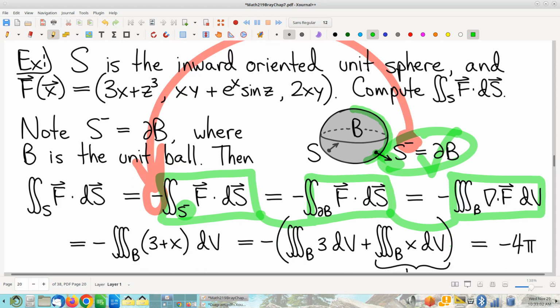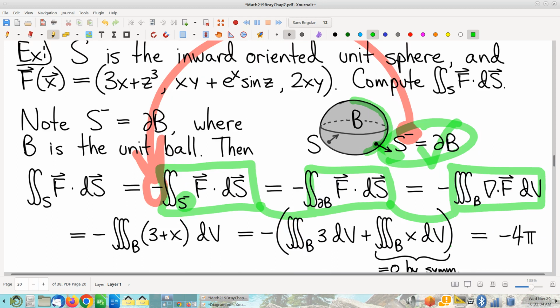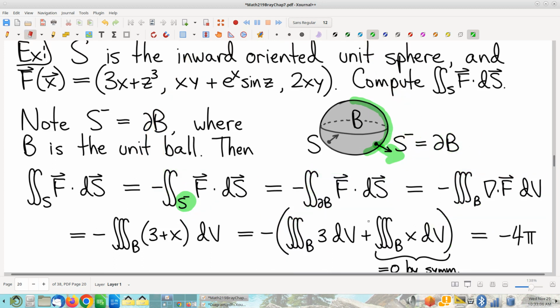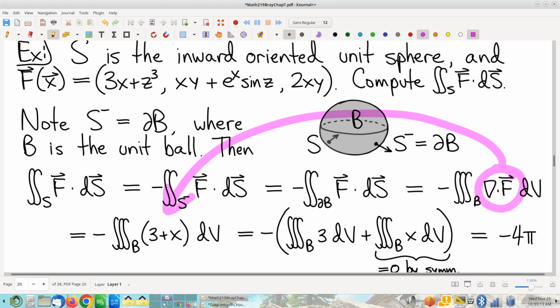All right. It's all over with the details at this point. Of course, details matter. Computing the divergence is pretty straightforward, but the divergence ends up being 3 plus x, and keep in mind that comes from applying the appropriate formula to this vector field right here.